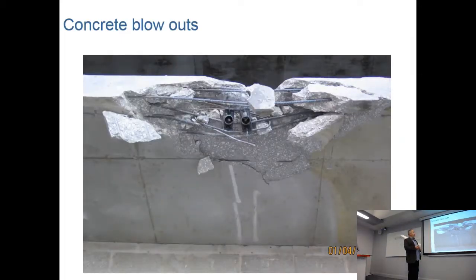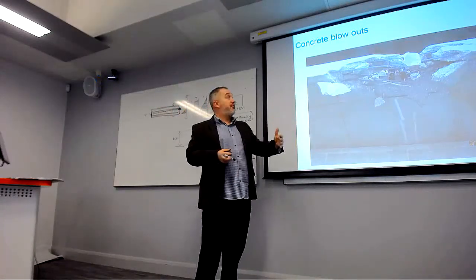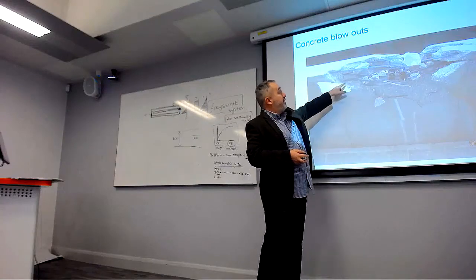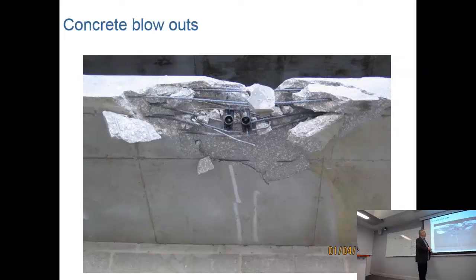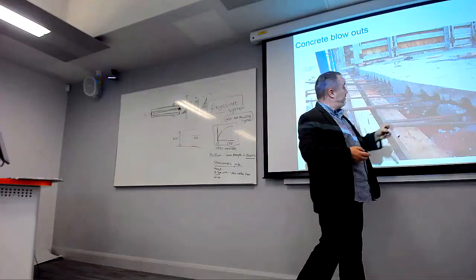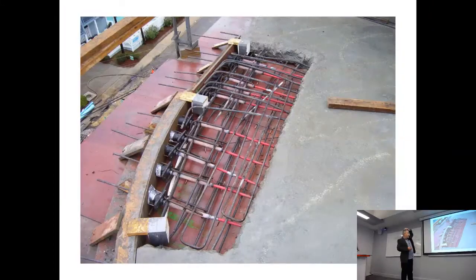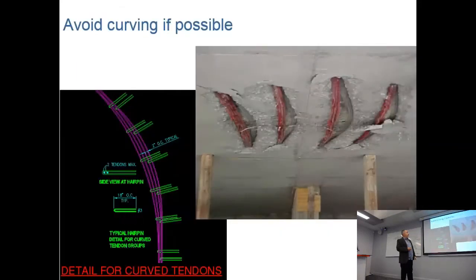There's an example of a failure where the steel bars are pulling in, but the concrete's not strong enough to hold back, so it's failed there. There's another example where the concrete's failed, where they had to repair that.